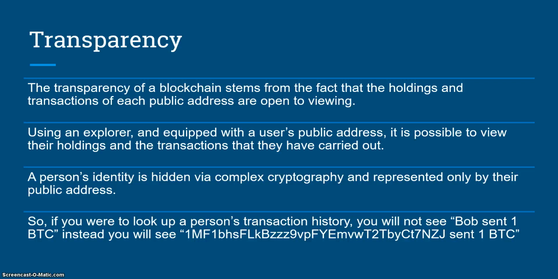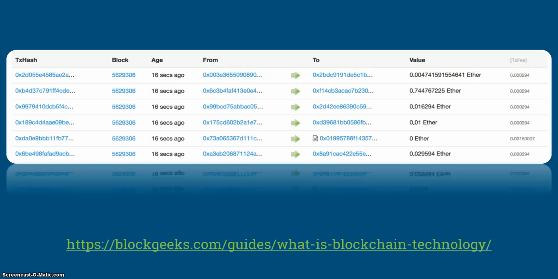All the transactions are available publicly. Then how can we say the blockchain is secure? For that purpose, blockchain uses complex cryptography. The last line is an example of that complex cryptography. This is the screenshot of the explorer.